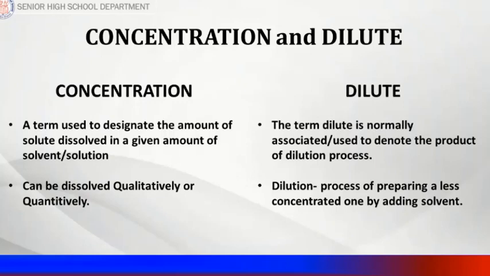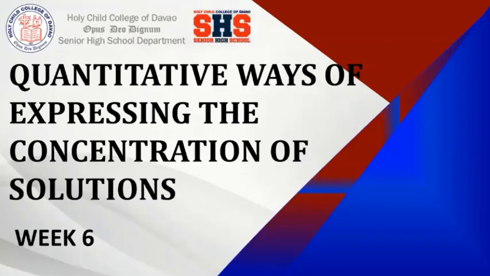The term dilute is normally used to denote the product of the dilution process. What is dilution? It's the process of preparing a less concentrated solution by adding solvent. So to dilute a solution, you add more solvent to lessen its concentration. In our term, we call it lasaw. So you add more solvent to make the concentration lesser.